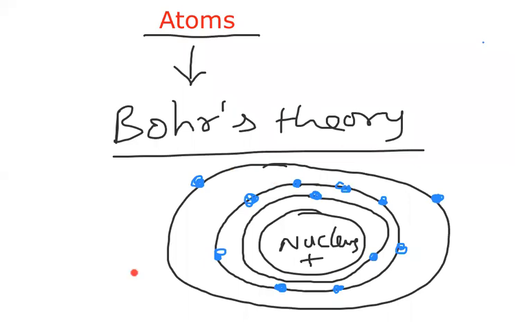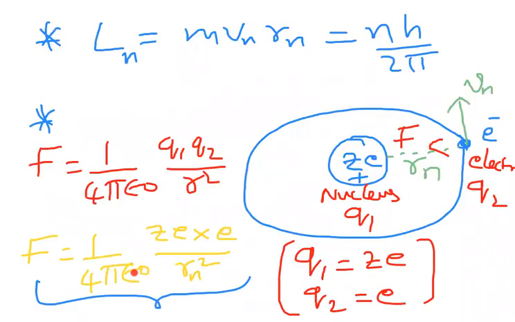After that I told that the angular momentum of the electron is equal to nh by 2 pi, and the force between two charges is 1 by 4 pi epsilon naught q1 q2 by r square. So F is written with the radius of the nth orbit as Rn, nucleus charge Ze and electron charge e.